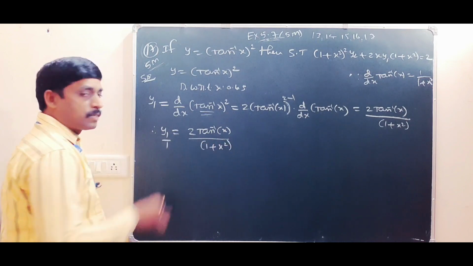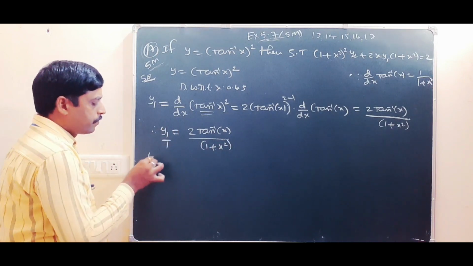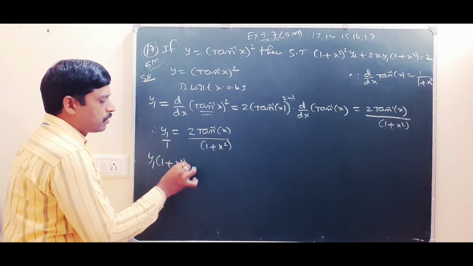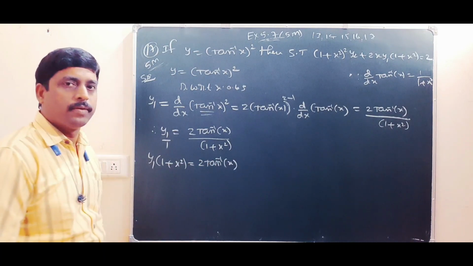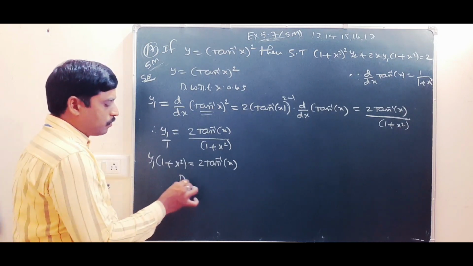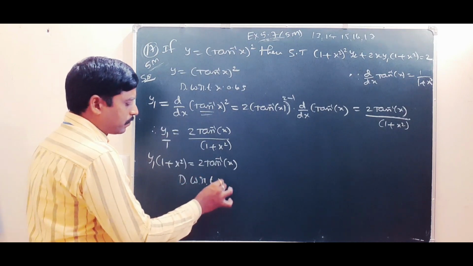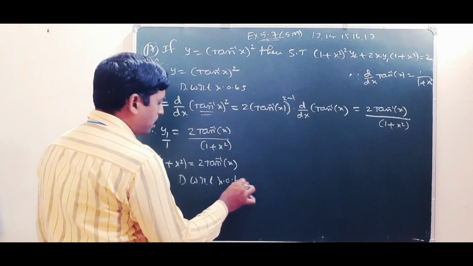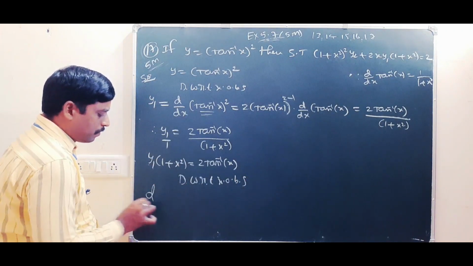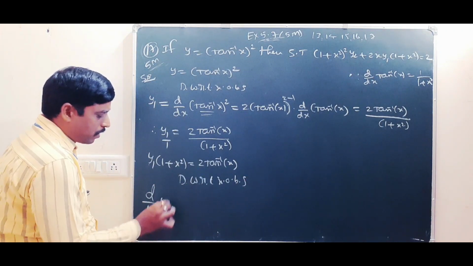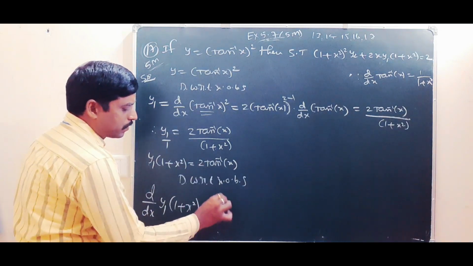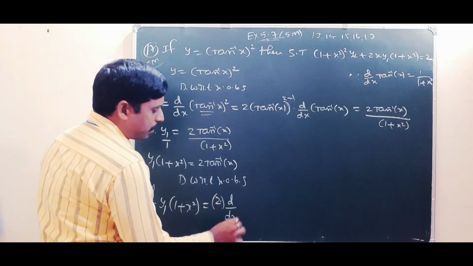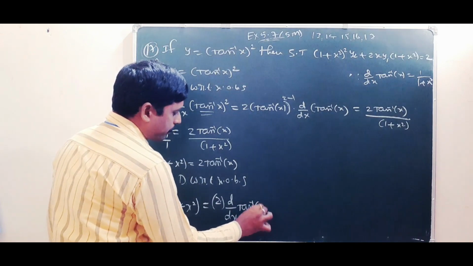Let us do cross multiplication: y1 into 1 plus x square is equal to 2 tan inverse x. Now differentiation on both sides with respect to x again. By using the UV formula, d by dx of y1 into 1 plus x square is equal to 2 constant, d by dx of tan inverse x.